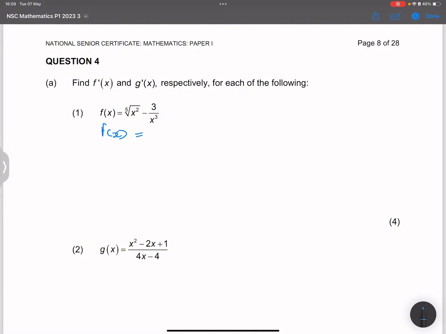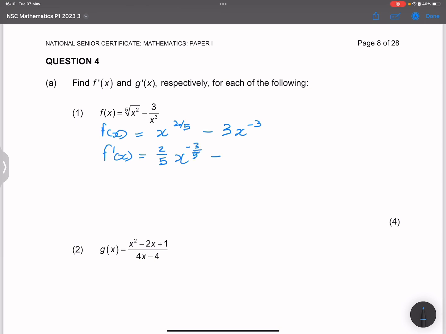So we're going to have in the first term x to the 2/5, minus 3x to the minus 3. So if we find f prime of x, this is going to be 2/5 x to the 2/5 minus 1, which will become minus 3/5.